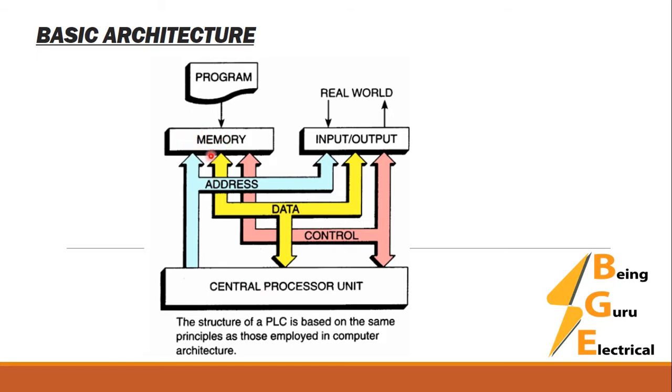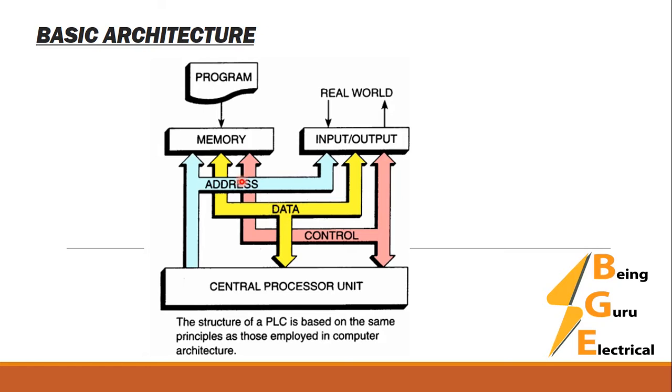Same if we need the status of an input: the address bus selects the specific input, it can be saved to the memory, and from the memory the CPU can take the status.